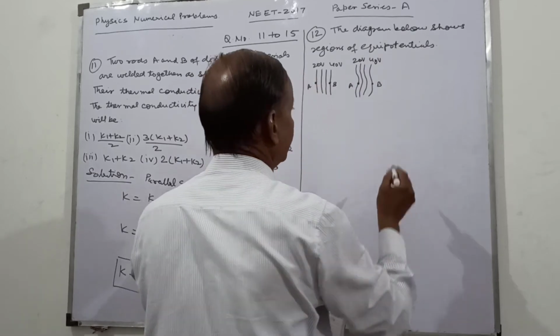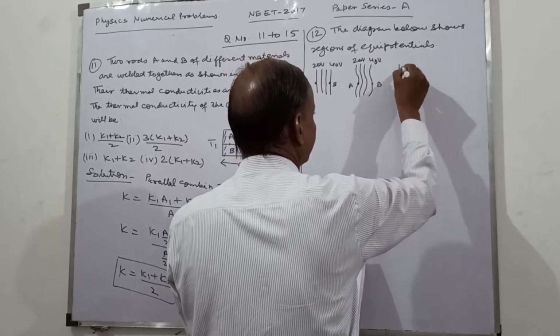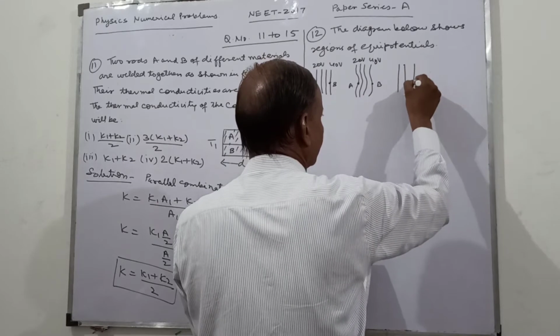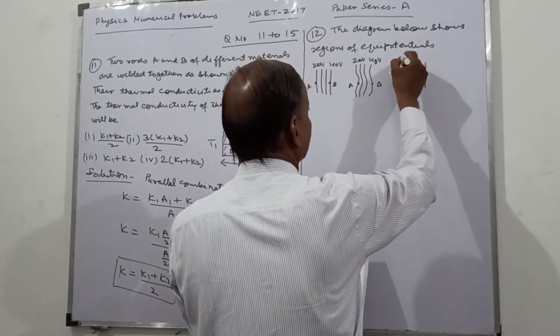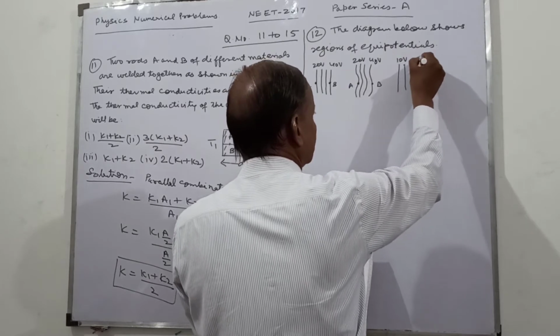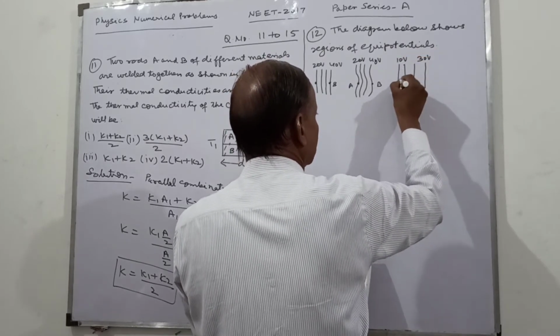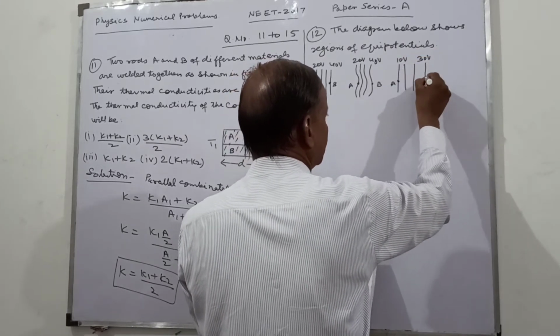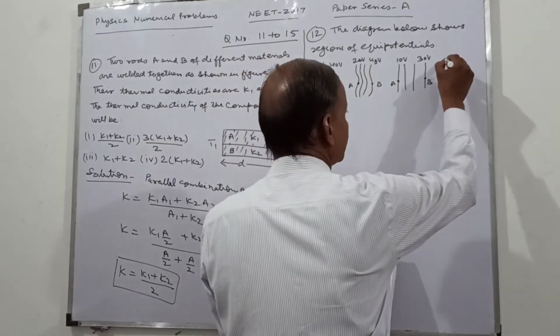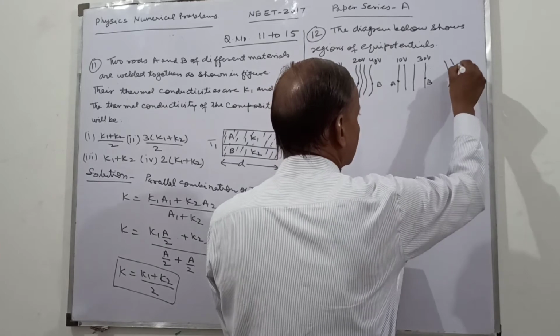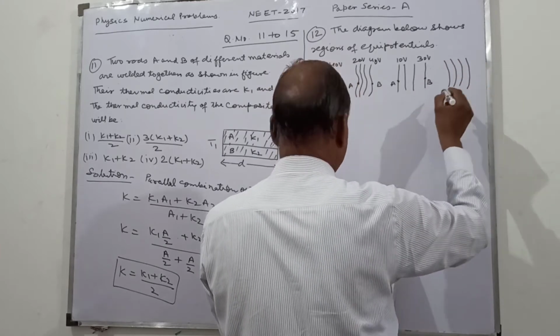And then we have this, this is your 10 volt, this is 30 volt, this is point A, this is point B. And now the fourth one is like this.